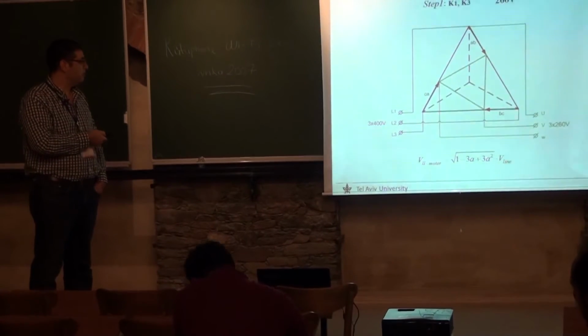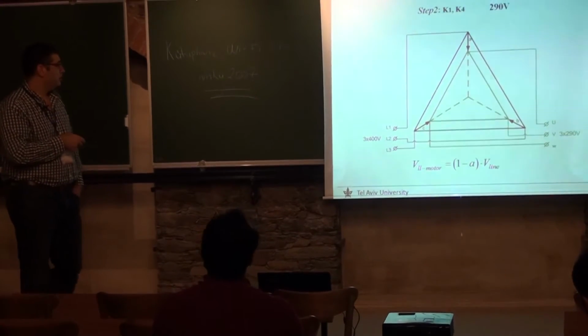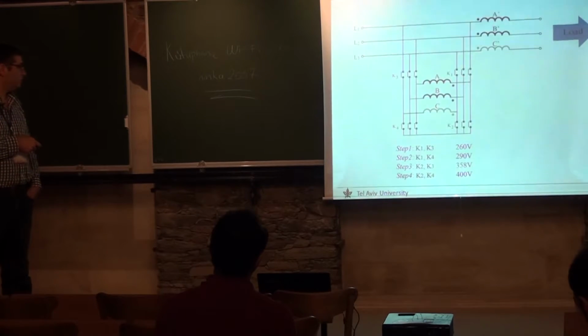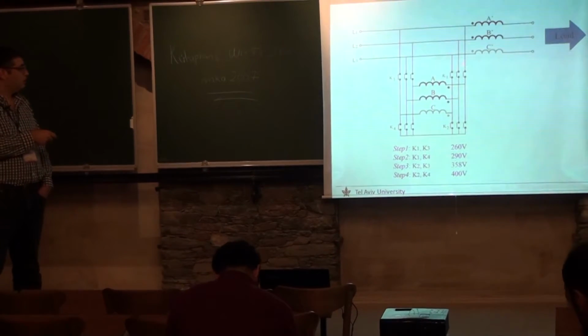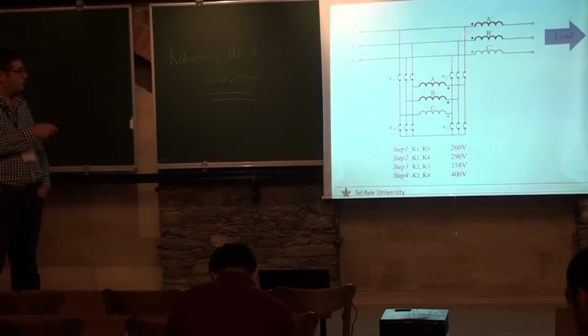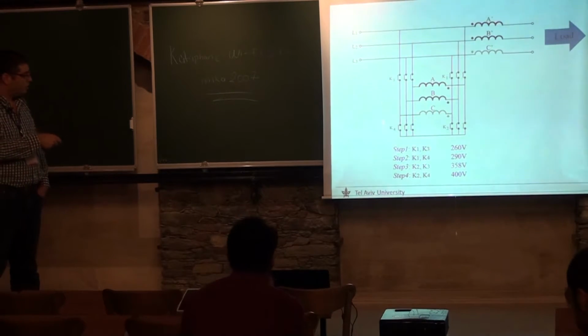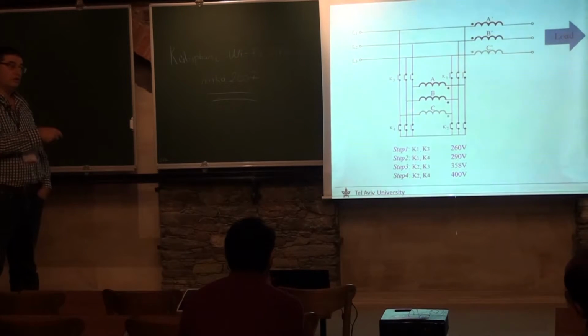The second step is attained, as you might see here, with K1, K4. All these points go here. And K4 creates what? A neutral point for the primary side of the transformer, right?